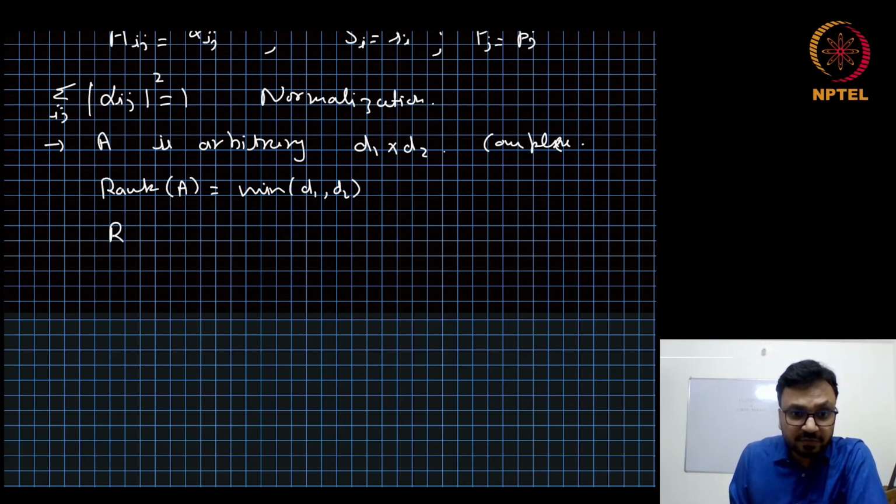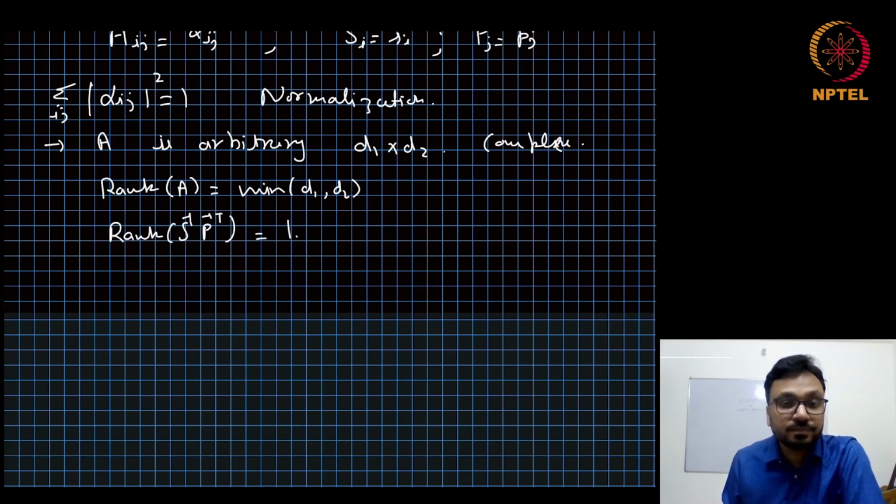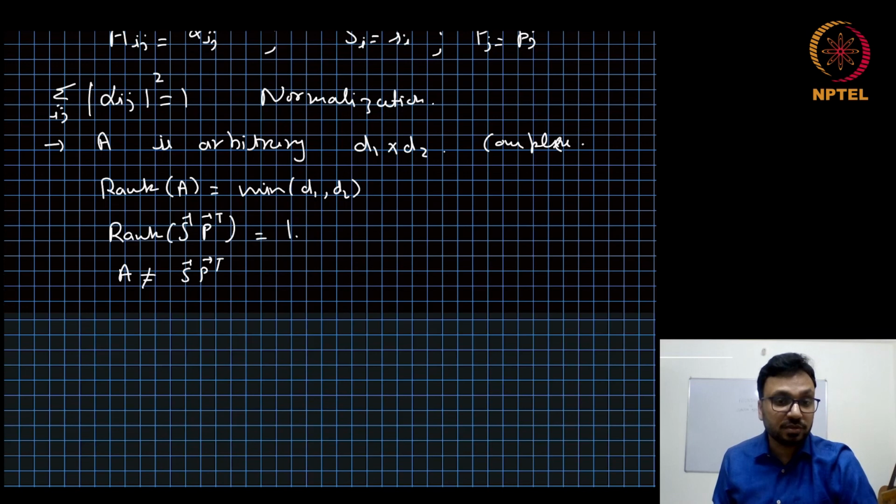But what is the rank of the matrix S times P transpose? The rank of the matrix S times P transpose is 1. It's a rank 1 matrix. So A is not generally equal to S P transpose.